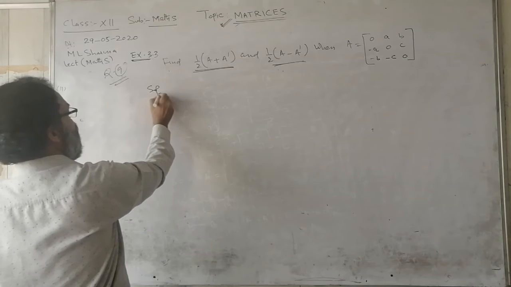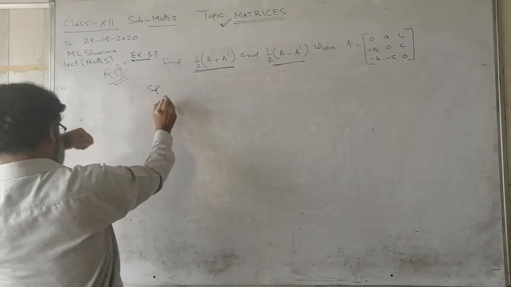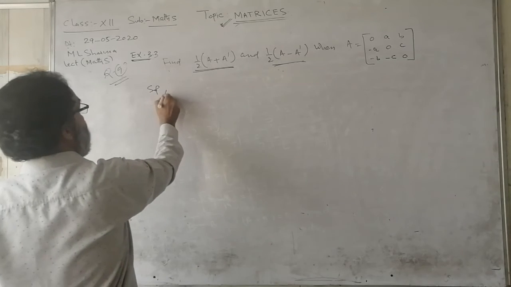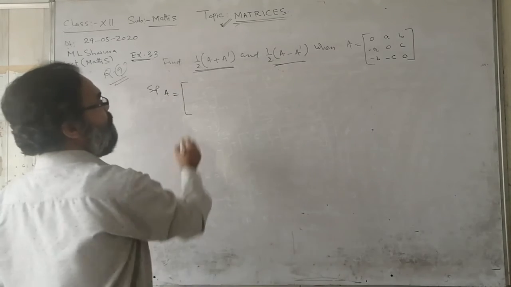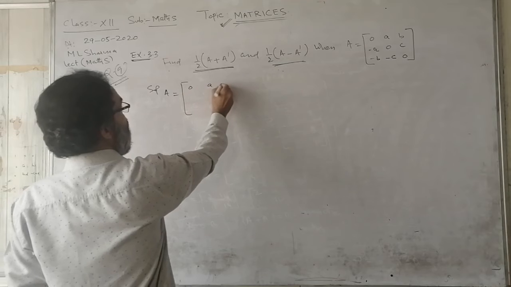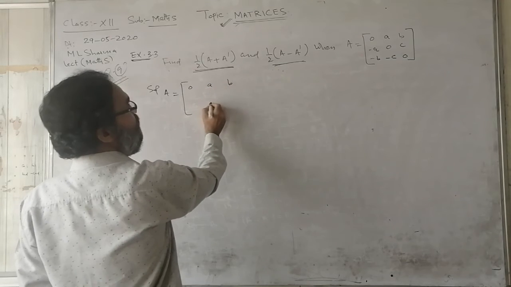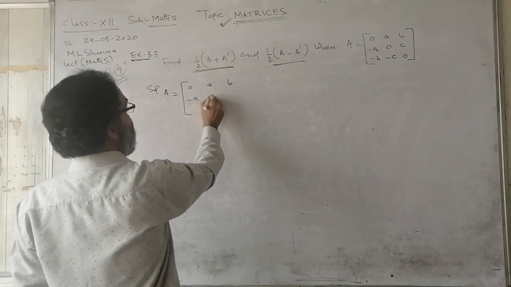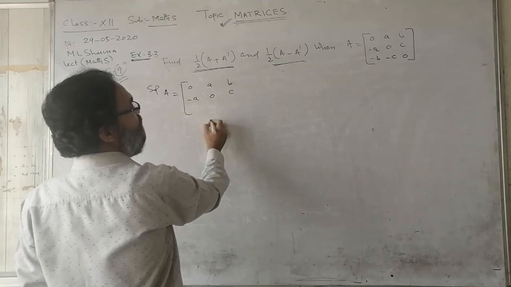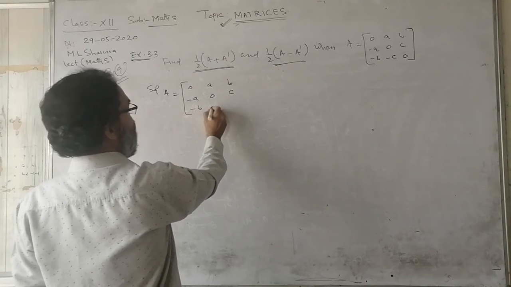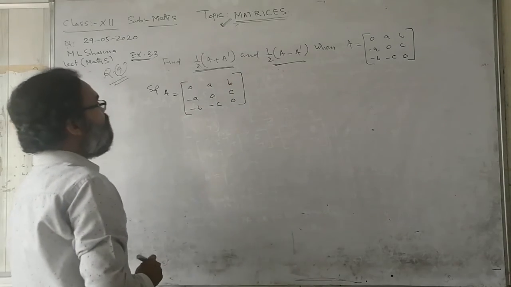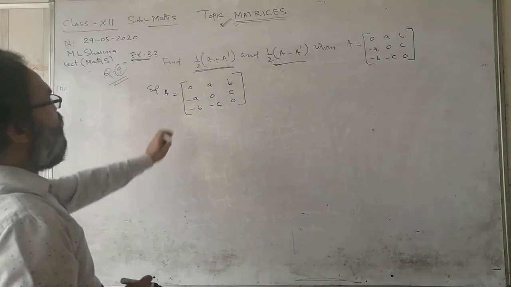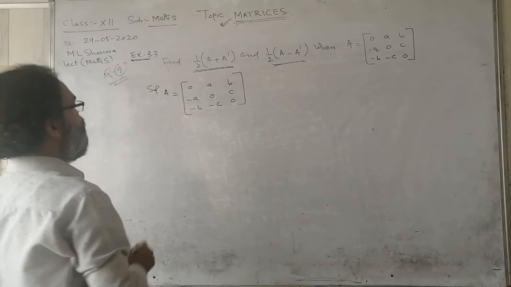So A matrix, its elements are 0, a, b, minus a, 0, c, minus b, minus c, 0. So I have to find its transpose.